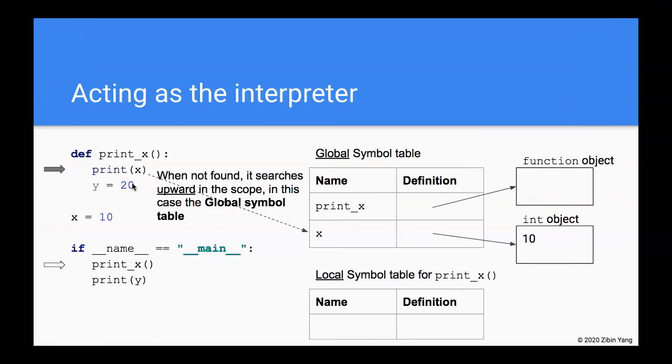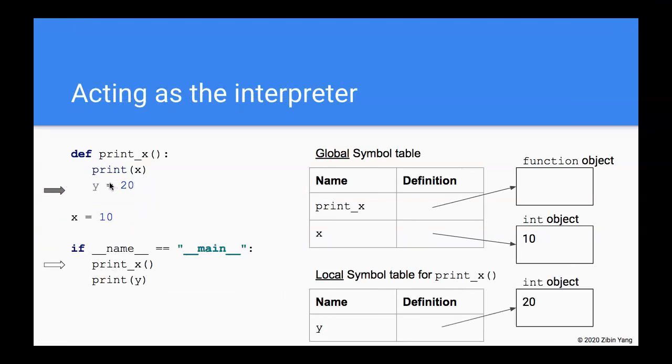Then when it comes to the next line, we created a variable called y and assigned 20. Because it's a local variable, we put that symbol inside the symbol table for printx. So y maps to an int object that has the value 20. Now at this point, we are done with printx, so we return from the function.